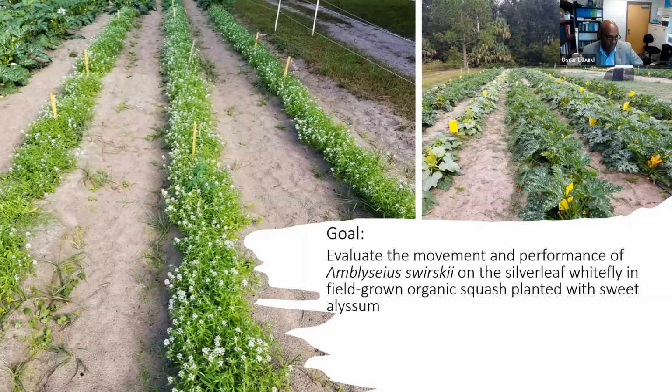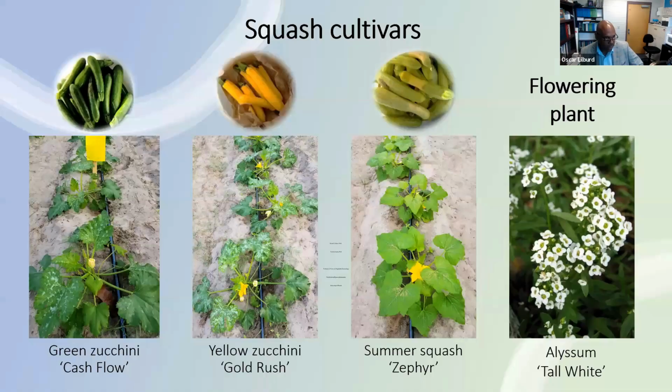So our goal here was to evaluate the movement and performance of Amblyseius swirskii on silverleaf whitefly in field-grown organic squash. A lot of this work is done in the greenhouse, and the field aspect of it is relatively new. This was advice from the growers.